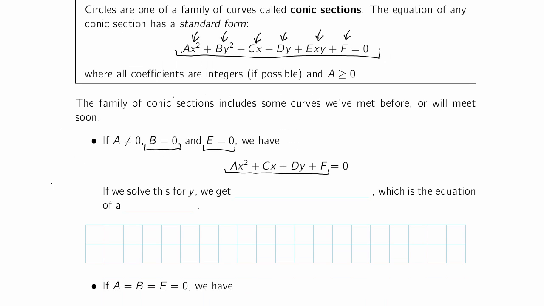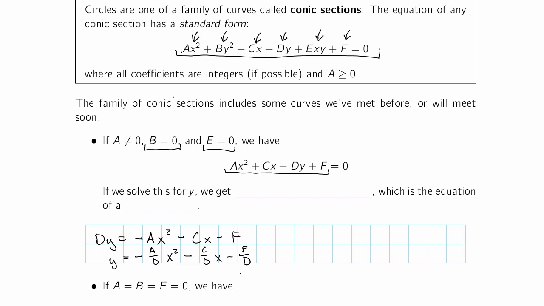And if we do that, we'll have dy equals, subtract everything else, negative ax squared minus cx minus f, divide by d, y equals negative a over d x squared minus c over d x minus f over d.